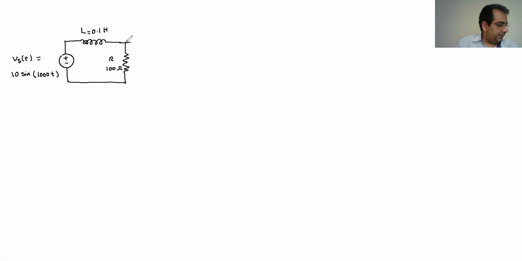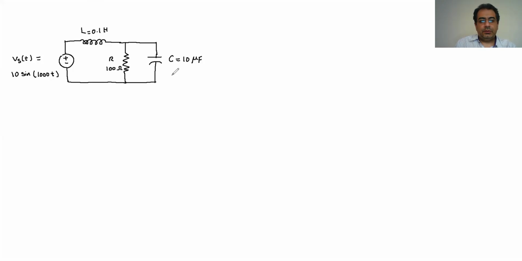And then there is a capacitance in parallel, with 10 microfarads.